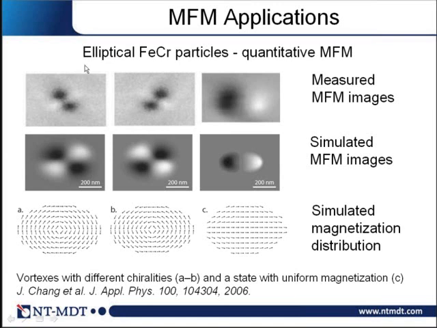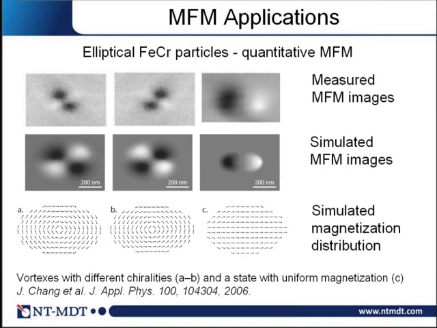You see on the upper row of the pictures the experimentally measured images, and one sees that for the same particles you have different magnetic states, and these different magnetic states can be easily detected by magnetic force microscopy. Here in the middle, you see the corresponding simulated MFM images, which correspond to different magnetic structures as shown on the bottom.